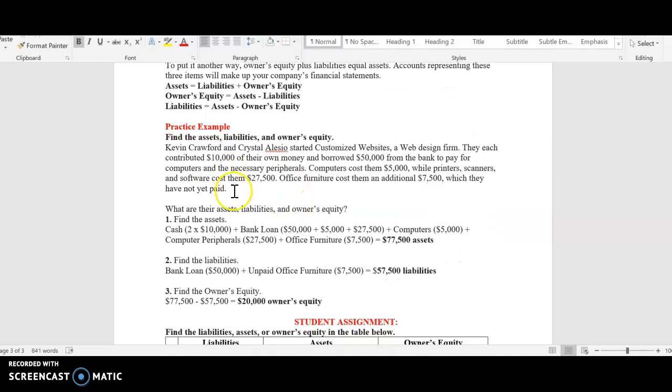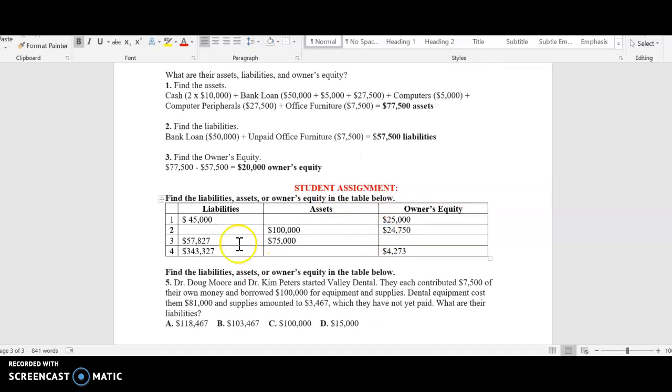So they've given you a couple of examples here where they've worked it out, where you need to figure out what the assets are, what the liabilities are, and what the owner's equities are. And pretty much it is just plugging in what is missing. So for this box here, where I have liabilities and owner's equity, I need to figure out what assets is.